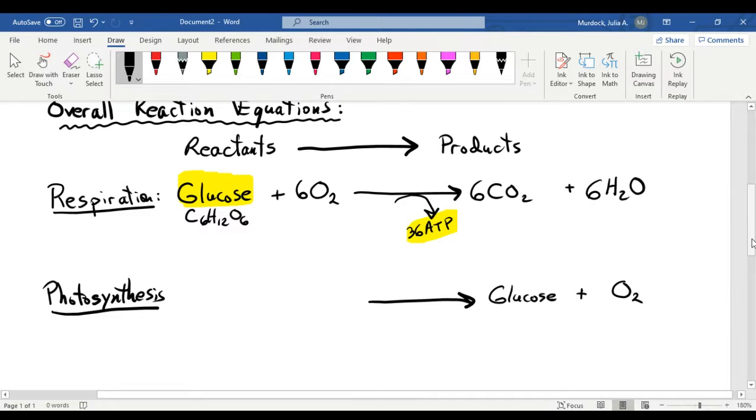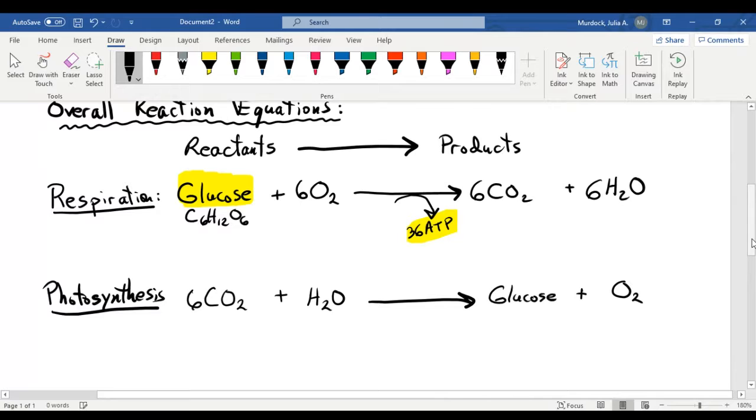So what do you think is going to be the reactants of photosynthesis? What am I going to put on the left? Carbon dioxide, CO2 and H2O. This is the trick, guys: the two reaction equations for respiration and photosynthesis, if you know one, all you have to do is flip the direction and you know the other one.